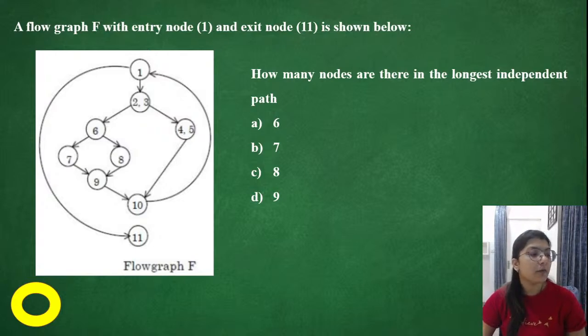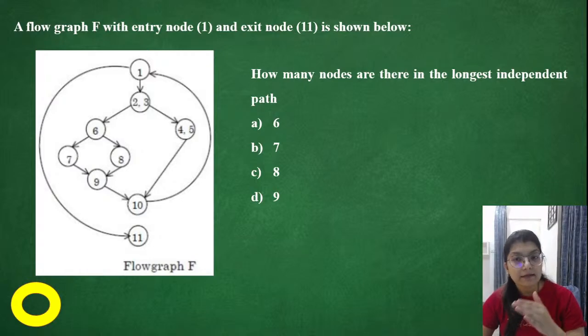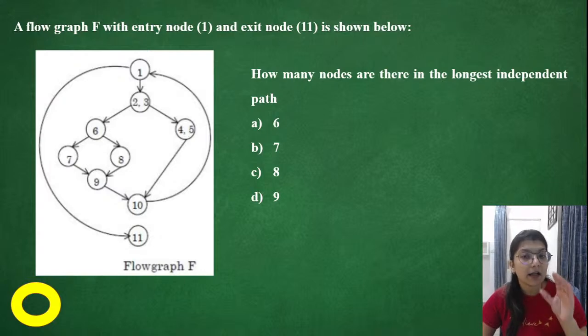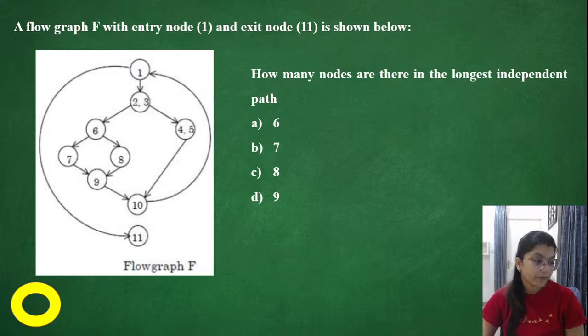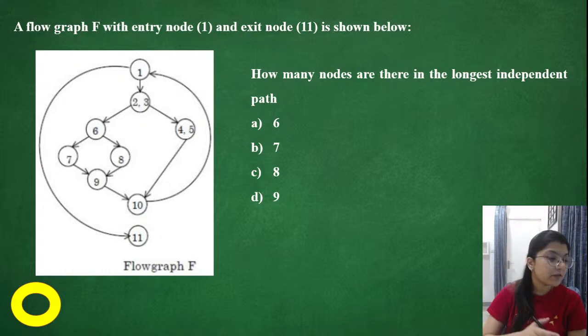Yes, cyclomatic complexity tells us how many independent paths are there. Now the question is, how many nodes are there in the longest independent path? So you have to find the path that is the longest one, and then tell how many nodes are there in that particular longest path.